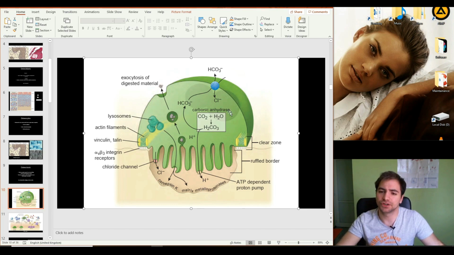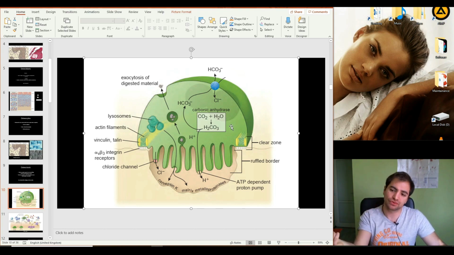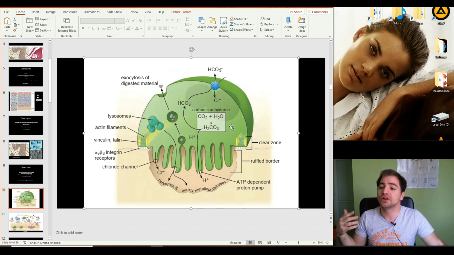Here you'll see the term carbonic anhydrase. Keep this enzyme in mind. This enzyme actually is very useful in more than one organ and more than one cell. Typically, you'll see this enzyme also in the erythrocytes. The function of erythrocytes, of course, is what? To bring oxygen and to get rid of carbon dioxide.